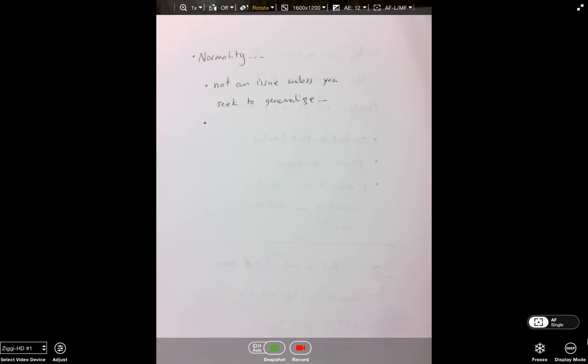So if we're just looking at the underlying structure of the data, and we're not seeking to generalize to the larger population, then normality is not really an issue.